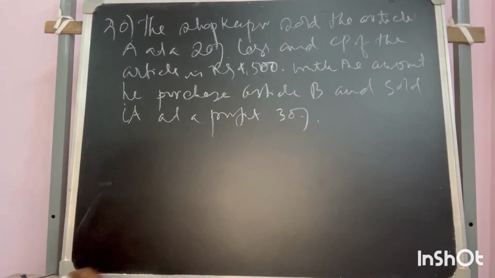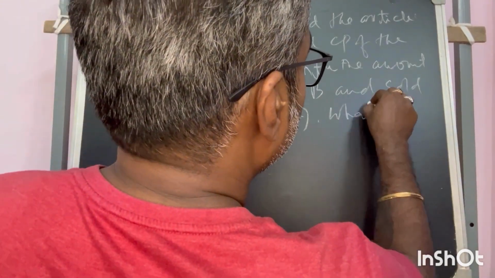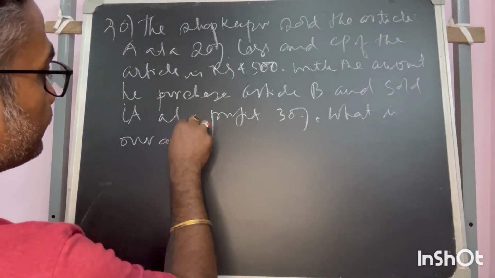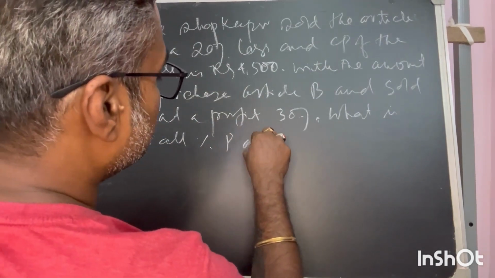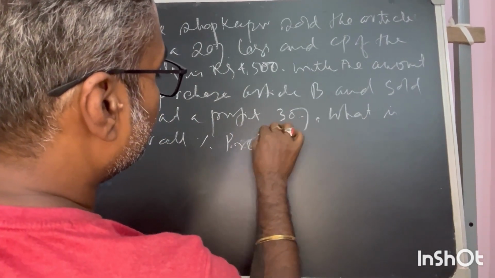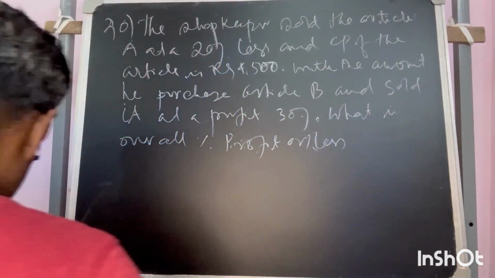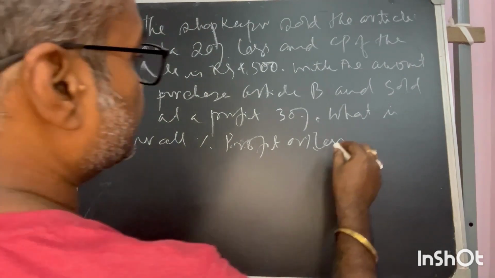What is the overall percentage profit or loss, percentage loss then of the whole transaction?